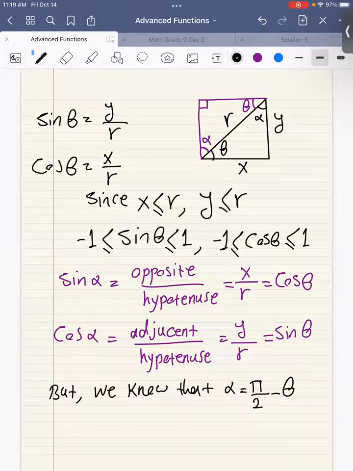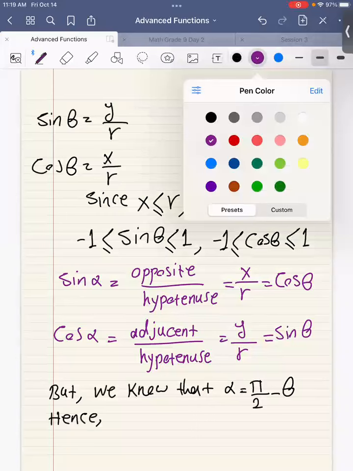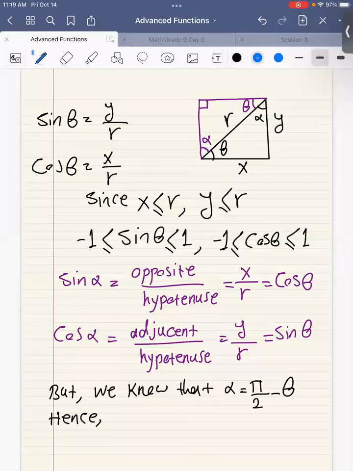Hence, what we observe is that sine of pi half minus theta, because alpha is pi half minus theta, is equal to cosine of theta.